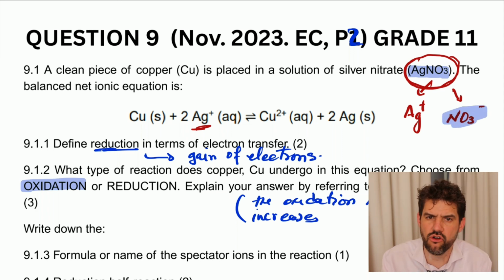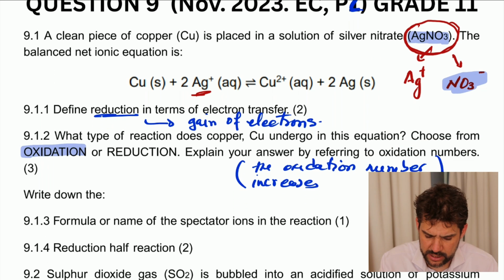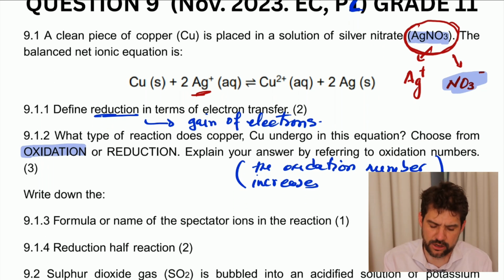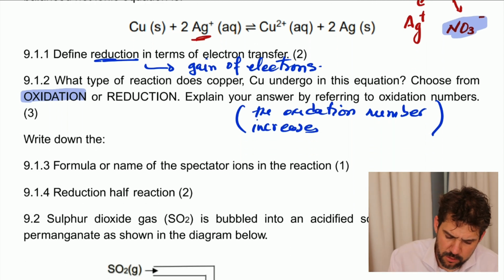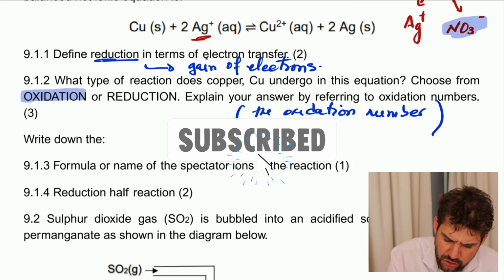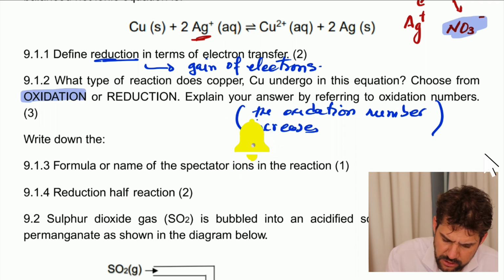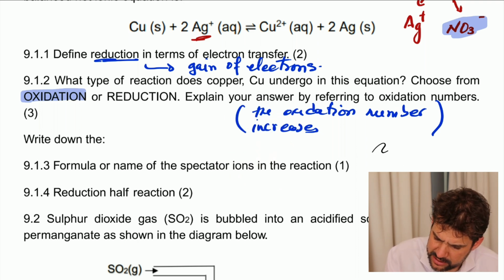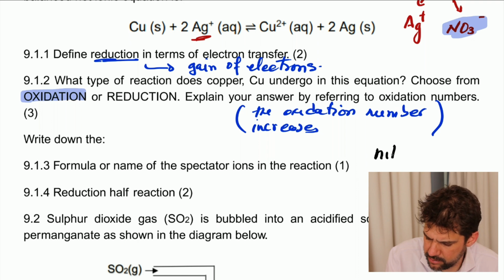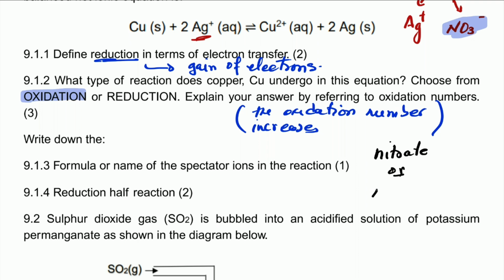You can see that it's no more there in the reaction. It was the solution used, but it's gone. So that is the spectator ions. It means it does not form part of the reaction. So here, formula or name of the spectator ions, you can say that the spectator ion is a nitrate, that is the name, or you can write NO3 minus. This is the answer for that question. If you say that, you'll get 1 mark.